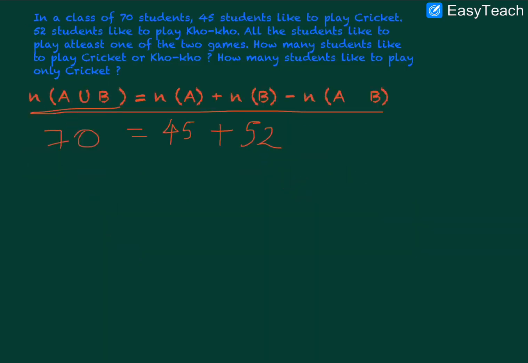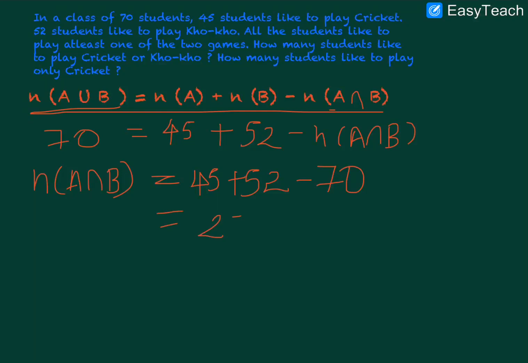So I put 70 here. And we don't know what n of A intersection B is, so I am writing it as A intersection B. So taking the n of A to the LHS and everything to this side, this will be equal to 27. Solving this will be 27, that is n of A intersection B. That is, A intersection B means students who like to play both cricket and coco is 27.